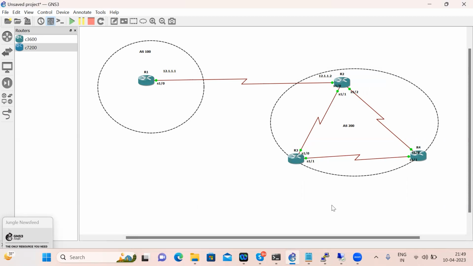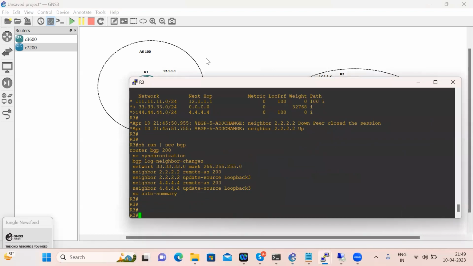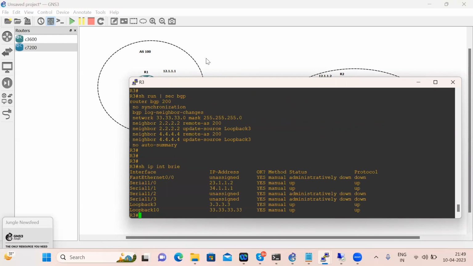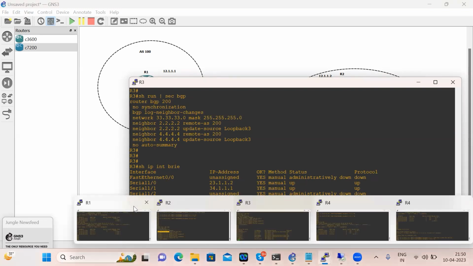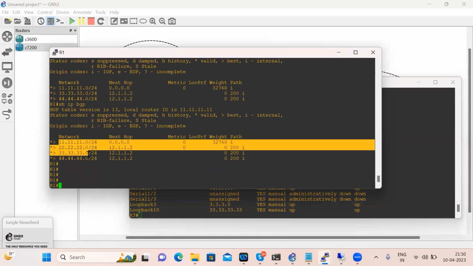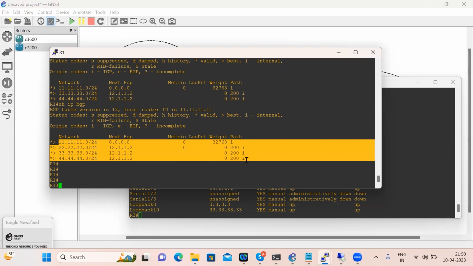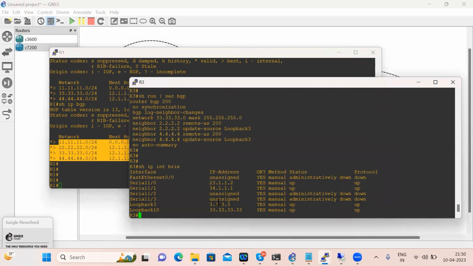Show IP interface brief, sir. We have a loopback. 22 is not a connected network of router 3, so how will you advertise it from router 3? Now we are able to see the 22, 33 and 44 networks on R1. All are there: 11, 22, 33, and 44. Yes, sir. Similarly, router 3 has loopback 3.3.3.3 and router 4 has loopback 4.4.4.4.